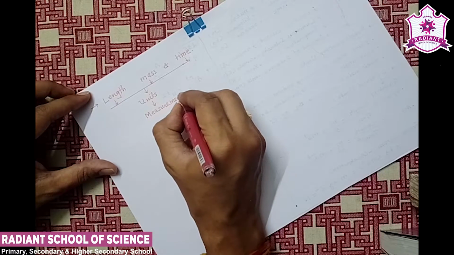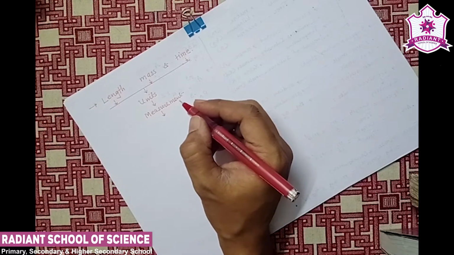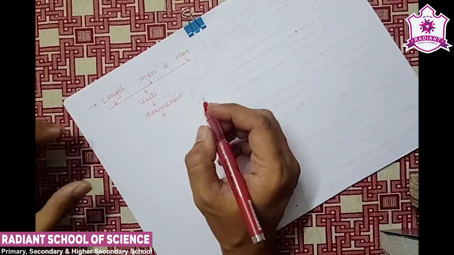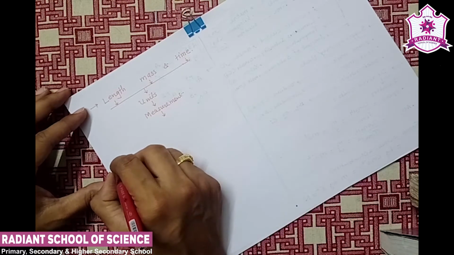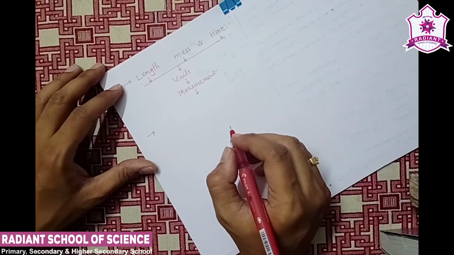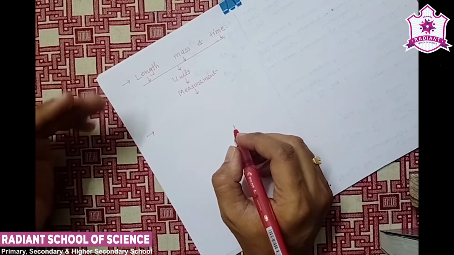We are going to measure these quantities in different manners. We already have many familiar methods, different units and different scaling, for the measurement of length, mass and time.